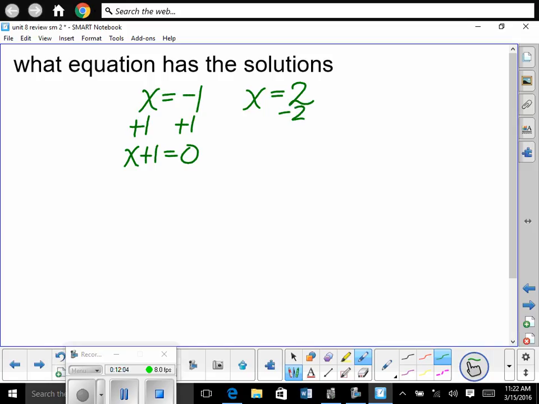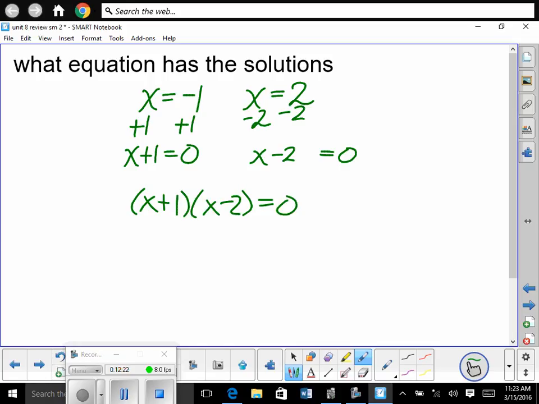So same thing here. We need our linear factor that gave us the value x is equal to 2. So that would have been x minus 2 is equal to 0. Now you say to yourself, before we were able to split these apart and individually set them equal to 0, they used to be together, multiplied, and equal to 0. And before we factored, they were all multiplied together and in standard form.